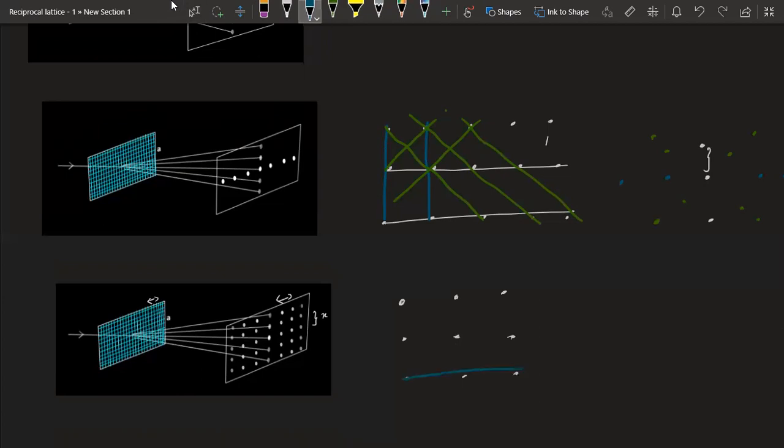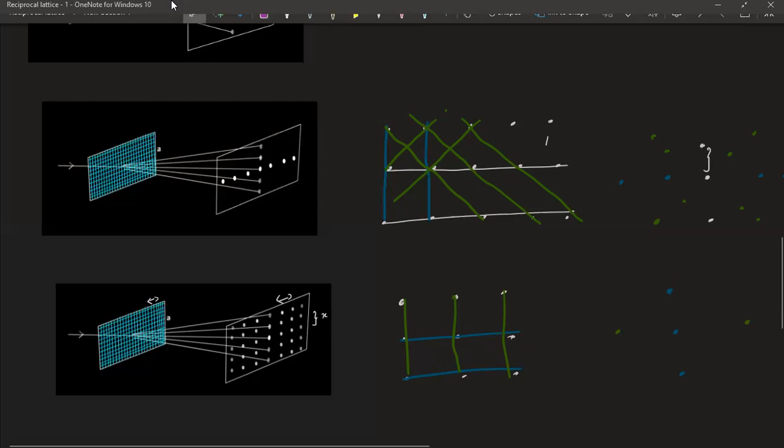These blue planes are here, so the dots will appear here. Just as I mentioned, these dots will appear perpendicular to the particular plane that we're considering. Then we had this green plane, and we had this particular set of dots, and the distance between these dots depends on the inverse of the separation between these planes. Fine. So we have a definite pattern for this particular plane.